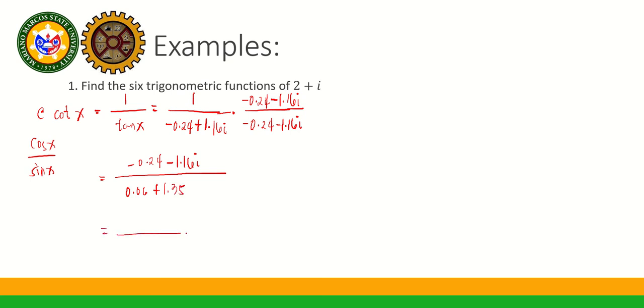So this will be equal to negative 0.24 minus 1.16i, and then 0.06 plus 1.35, that is 1.41. So our cotangent x is equal to negative 0.17 minus 0.82i. Okay. So that is the manual computation of those complex numbers.